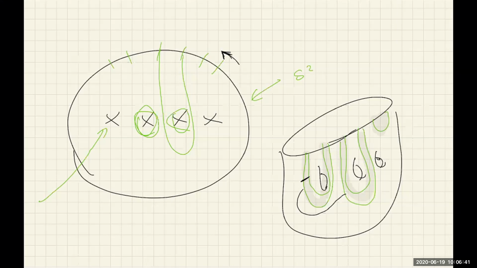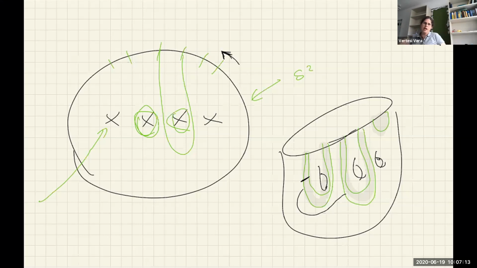Can you use this to define relative versions of invariants similar to the Lisca invariants? You're defining the contact invariant in Heegaard Floer using this cutting up through bordered Floer. Can you do the same for Legendrian invariants?